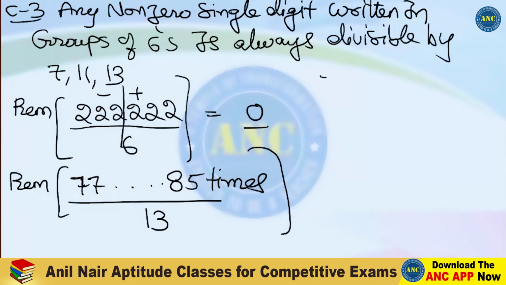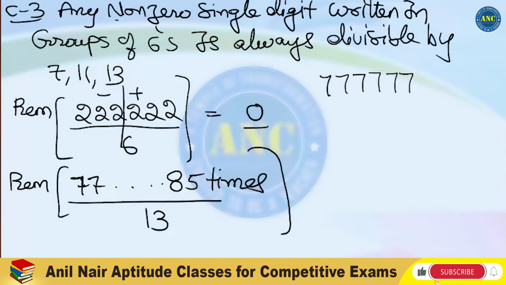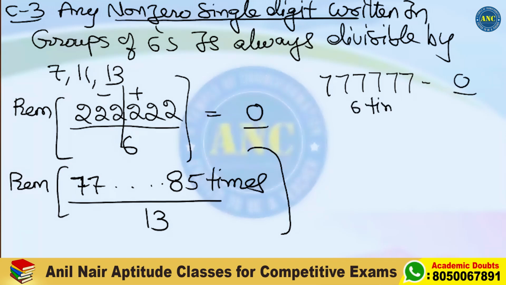This is nothing but, if 7 is written 6 times, any non-zero single digit written in groups of 6, it is divisible by 7, 11, 13. So 6 times it is 0.